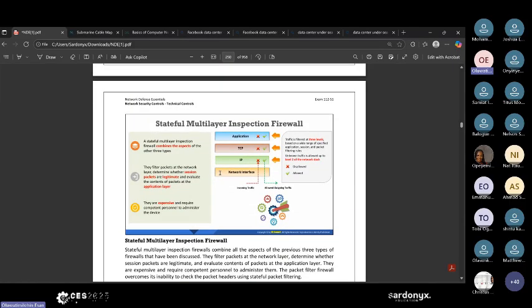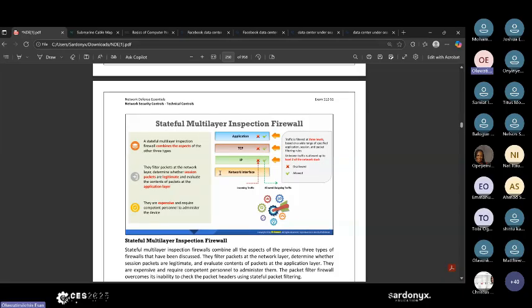They have the stateful firewall, and this is one of the best. Stateful combines the other aspects we've talked about, so it filters whether it's the session, the packet, or the application layer. The combination of those three is what stateful is: the combination of the application layer firewall, the circuit level firewall, and packet filtering.